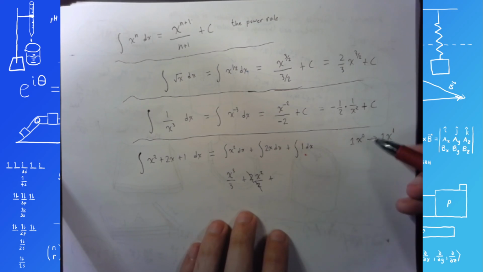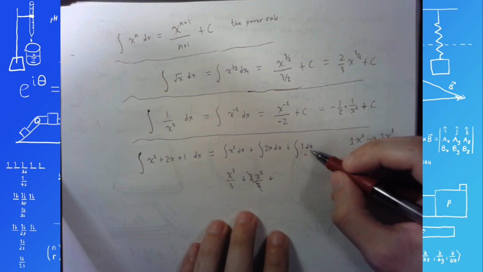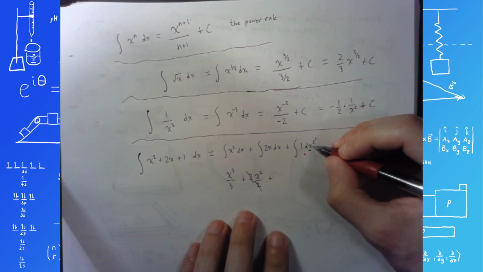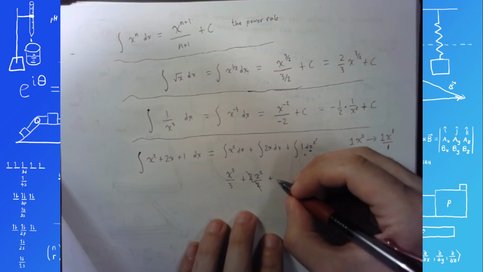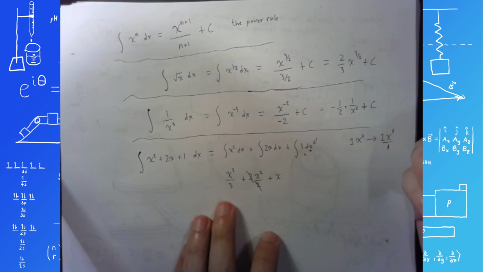So the integral of a constant is just that constant times the variable. Whatever the variable may be, you will know what the variable is depending on what your differential says it is. This tells you what variable you're working with.